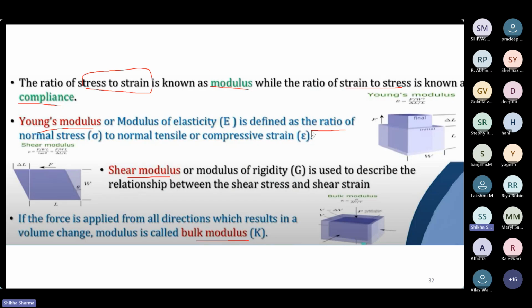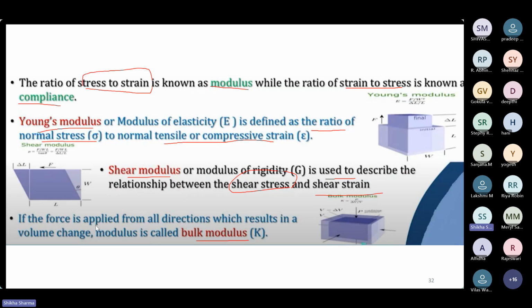It is defined as the ratio of the normal stress to the normal compressive or tensile strain. The shear modulus is the modulus of rigidity, the relationship between shear stress and shear strain.